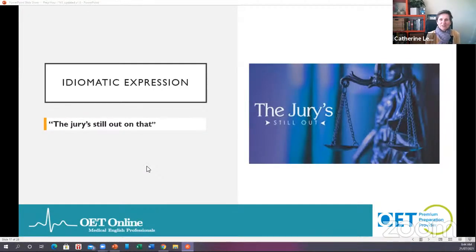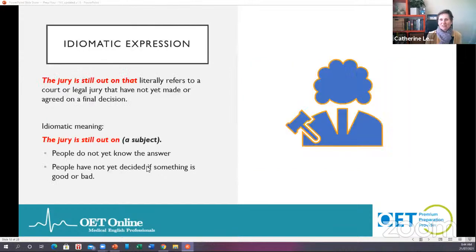So we're going to focus now on this expression, the jury's still out on that. I've heard of this one before. This is what it means. So the literal meaning, a jury, we're talking about a court or a legal situation. And we can apply it though.